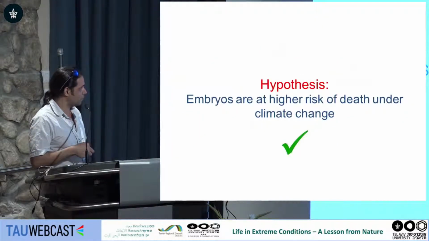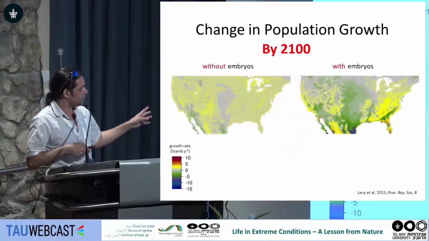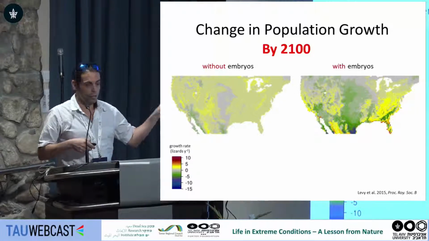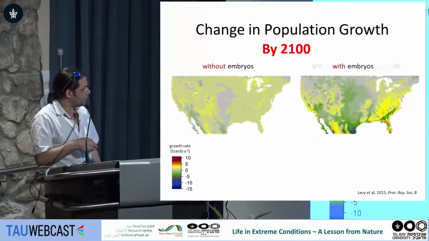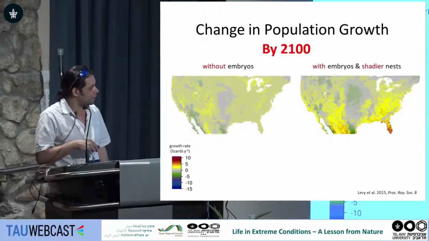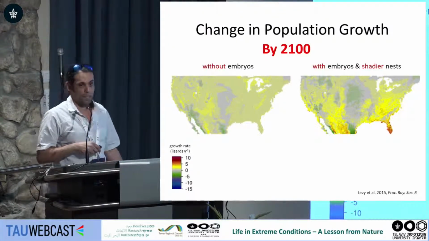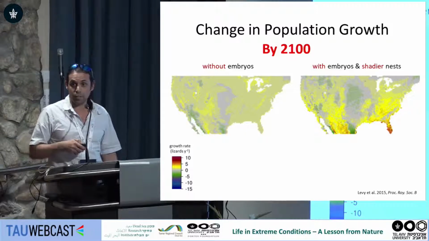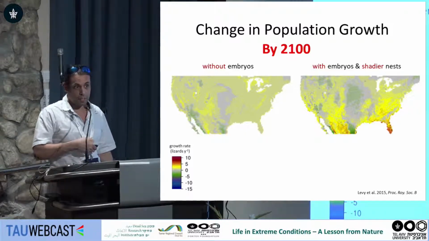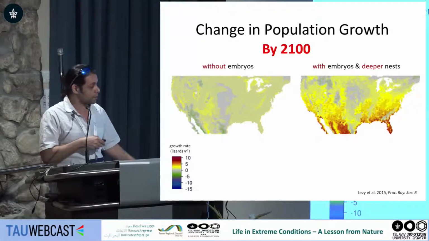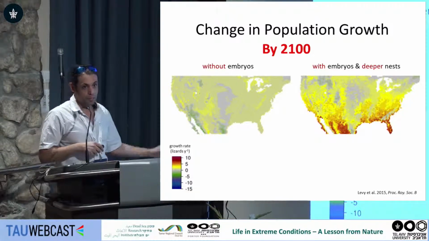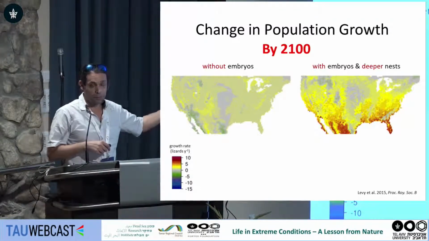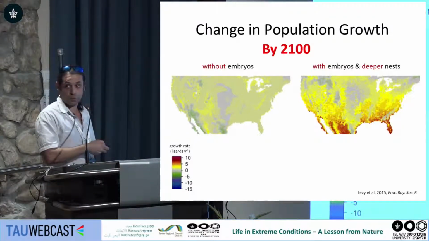Another thing that the model gave us is a new hypothesis. The model suggests that if lizards can lay their eggs in shadier nests, they can save lots of the embryos. And if they can lay their eggs in maybe deeper nests, they can not only save the embryos, but can actually increase the population growth rates under future conditions.